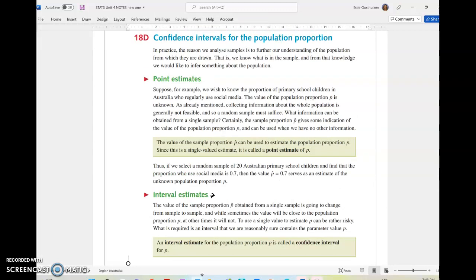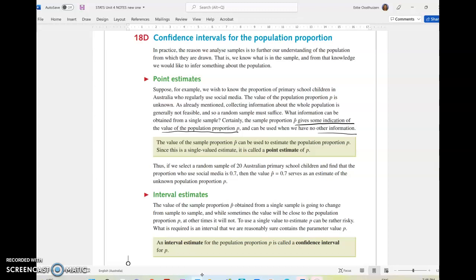So remember, we said that it's impossible to survey the whole population. So what you do is you do a survey of a proportion of the population, which is our sample proportion. So it gives some indication of the value of the population proportion, and that we can use if we have no other information.